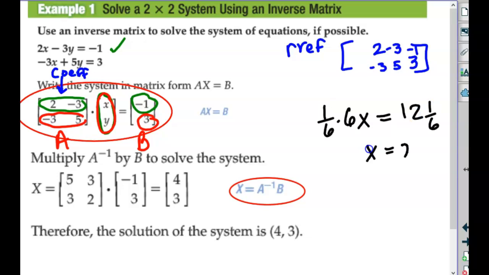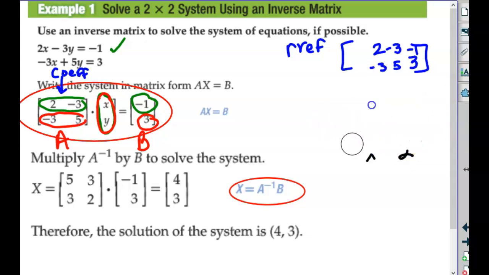And I would have got x equals 2, right? So that's kind of what we're doing. We're multiplying by the inverse. So you take the inverse of A times matrix B, and it undoes it and finds your XY matrix. But the order is important. It has to be the inverse of A times B.